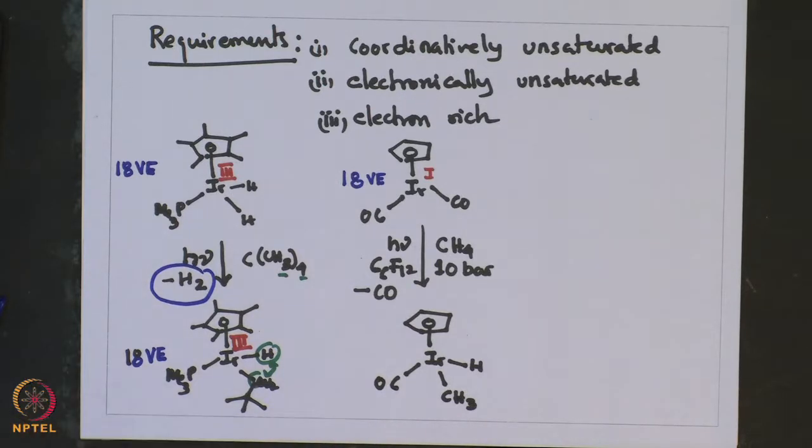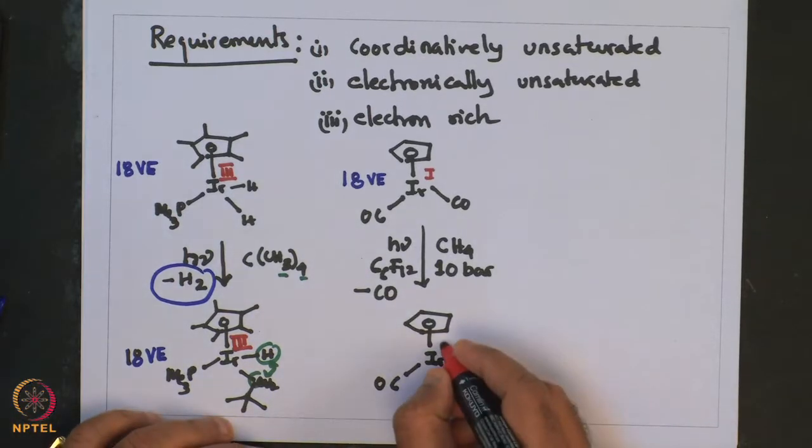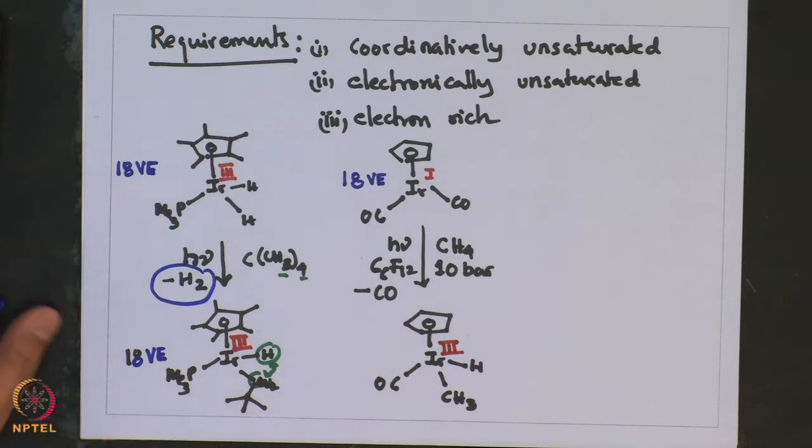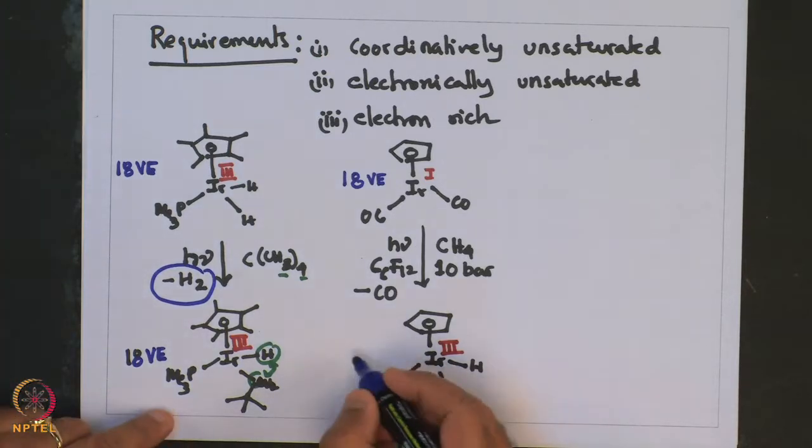Here iridium is in +3 oxidation state, and it also has 18 valence electrons.